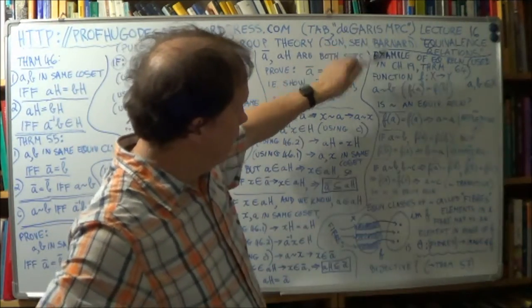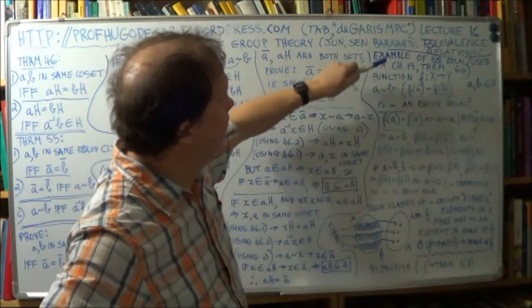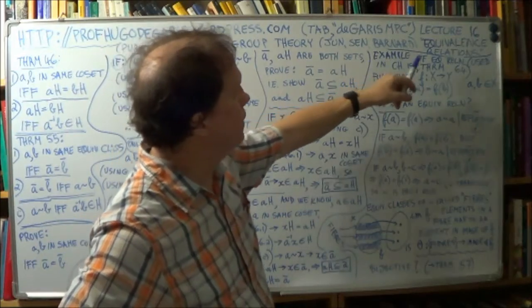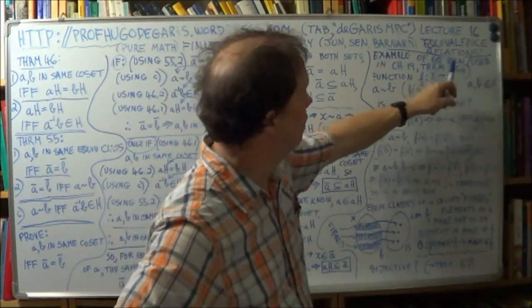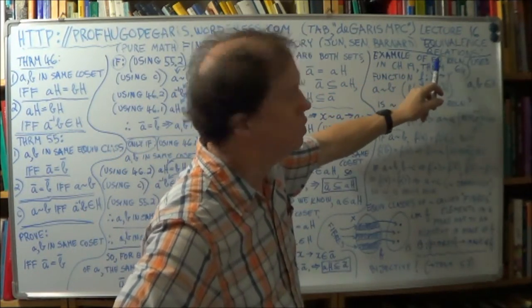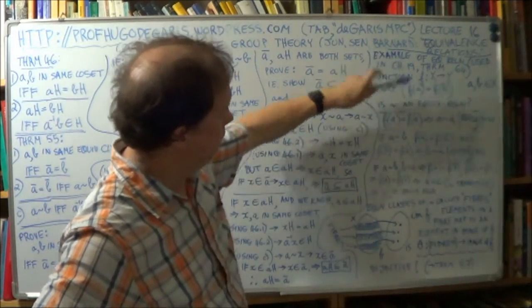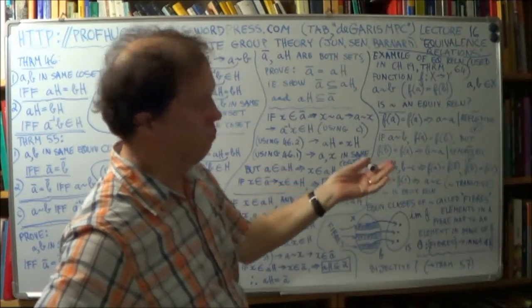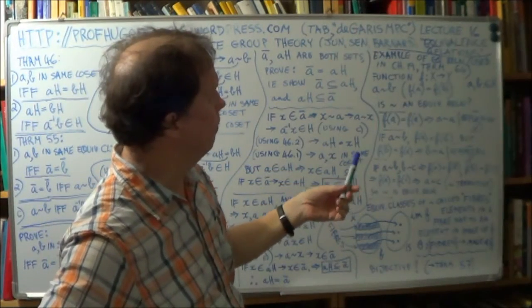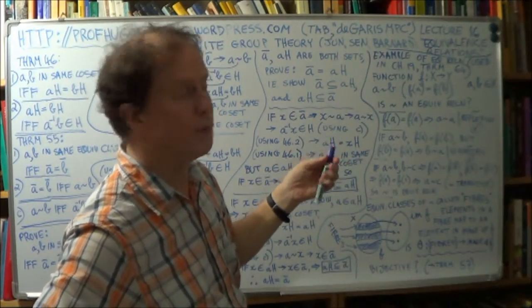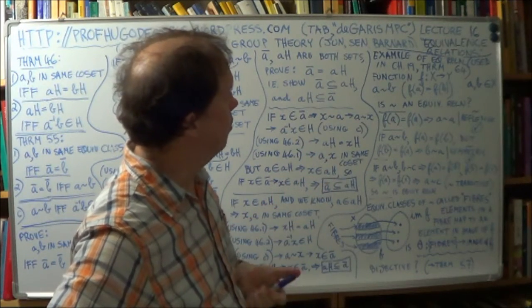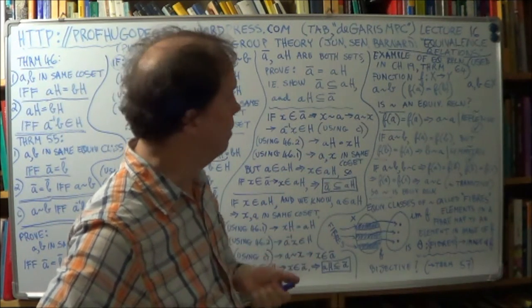Now something new, relatively. It's another example of an equivalence relation, introduced here because it's a good spot to do it, because we're talking about examples of equivalence relations and equivalence classes and such like.